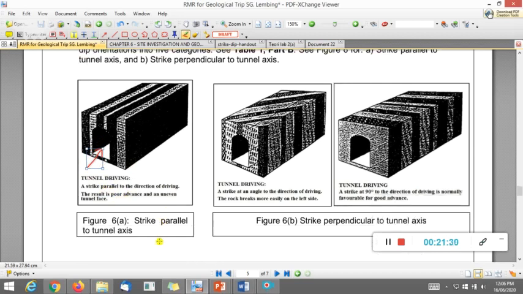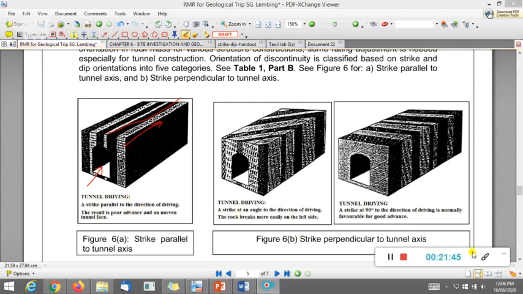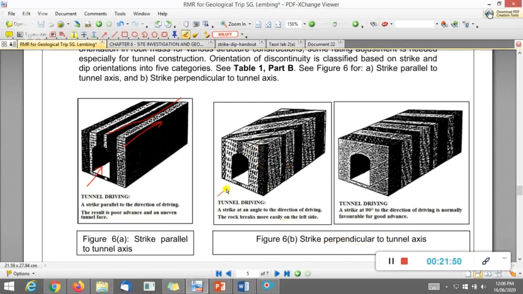So now this case is strike parallel. Okay, selari. This is strike parallel because they are in the same condition. This is the case for strike parallel to the tunnel. There is another case, which is strike perpendicular. This is your direction of driving, and right now your strike is here. As you can see, this is perpendicular.